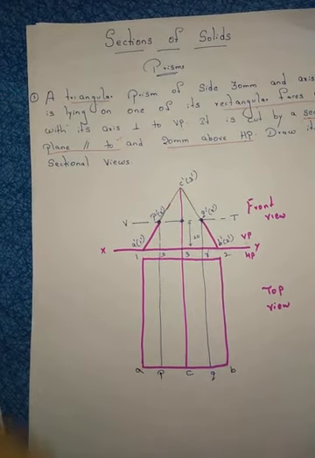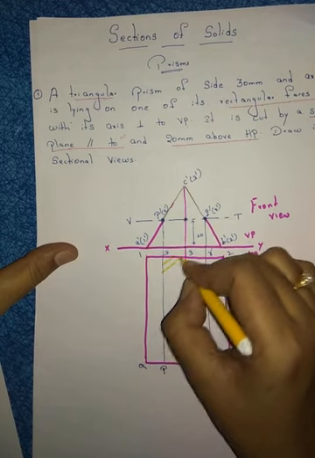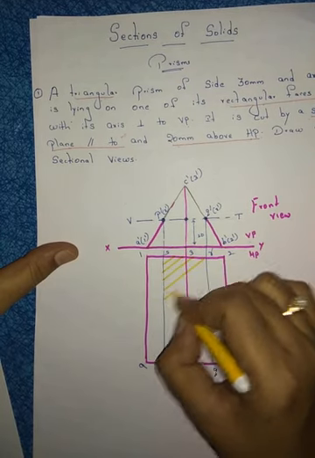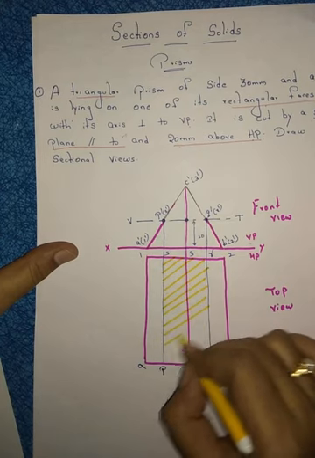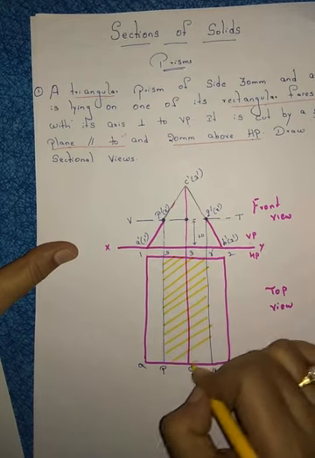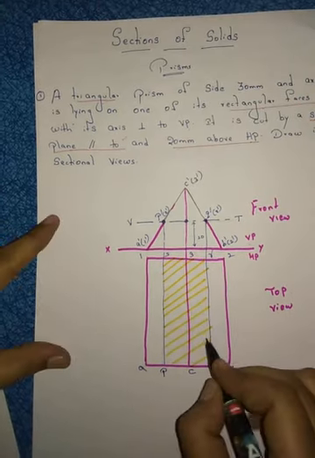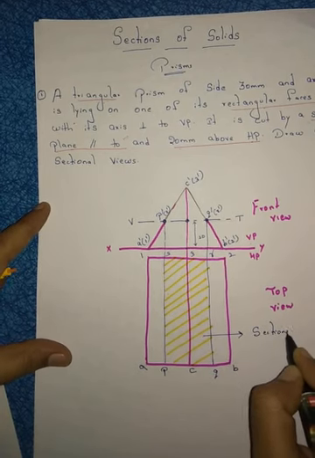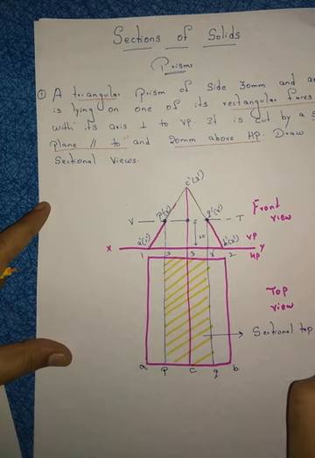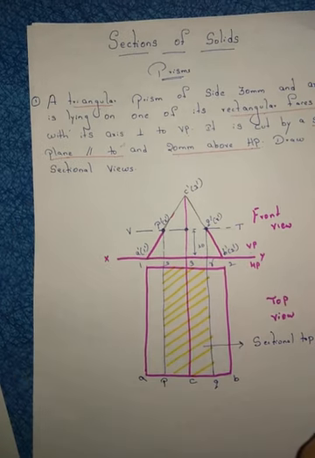After drawing this sectional view, just draw the hatching lines here, only for PQRS, right? So this is nothing but the sectional top view. This is your problem, right?